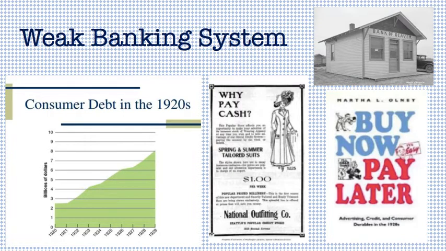Big businesses and corporations bought stock with borrowed money, and when the stock market crashed, they lost a lot of money. It was the weak banking system that had the greatest effect on Americans. Banks were small individual institutions that relied solely on their own resources.